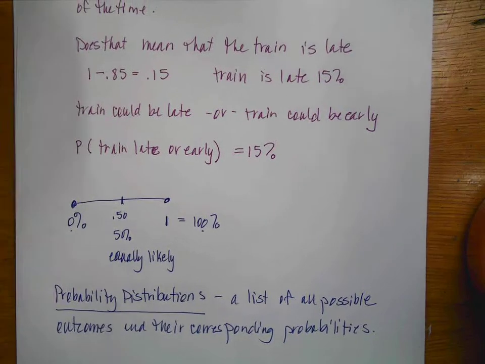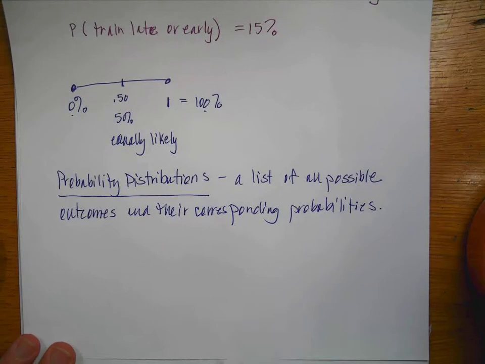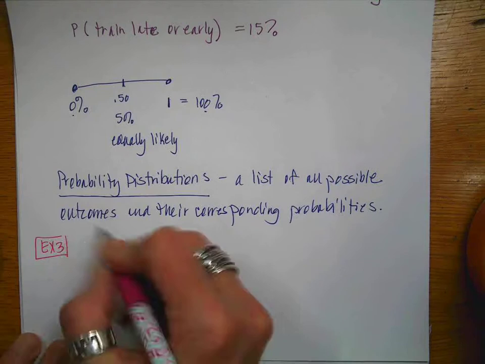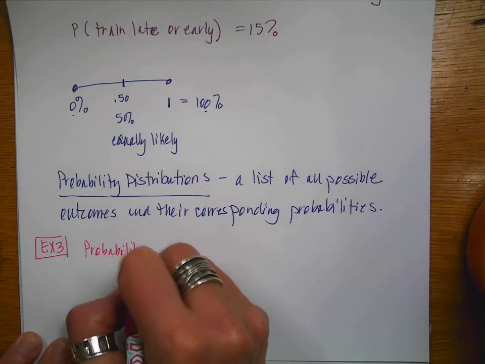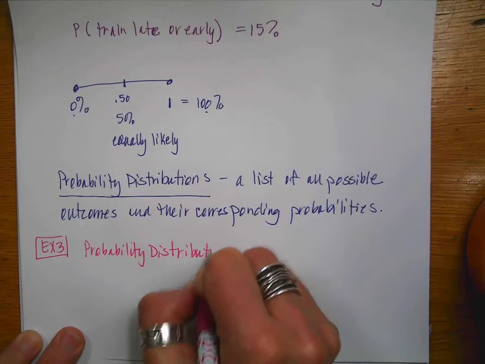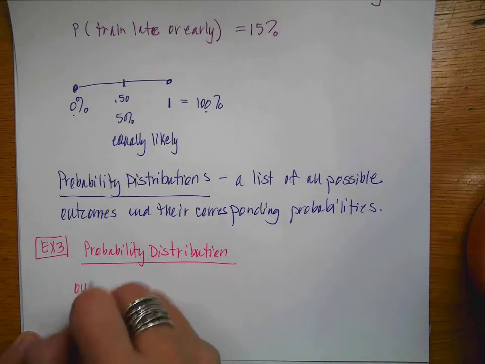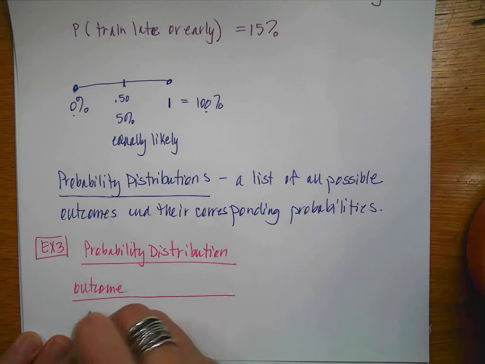So for example number 3, we're going to be talking about a probability distribution. We're just going to look at a probability distribution, and we'll do one for a coin for heads or tails because it just makes our chart pretty small, but we get the general idea.